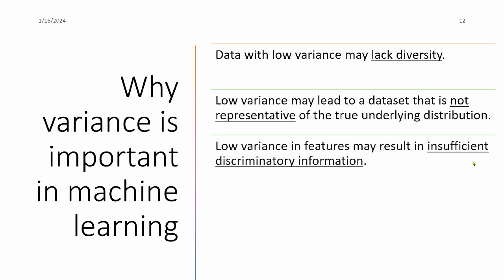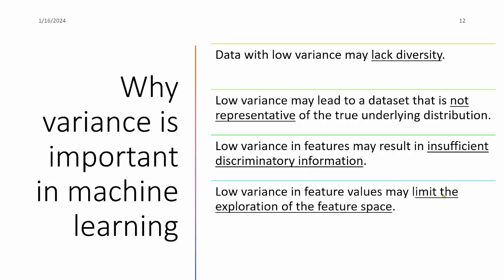Low variance in the feature can also mean insufficient discriminatory power. All machine learning models, for example, traditional machine learning and deep learning models, are discriminatory. That means the model should be able to discriminate the data in terms of groups and classes. And if you have low variance, this could result in the situation where the model is not discriminatory enough, leading to poor generalization.